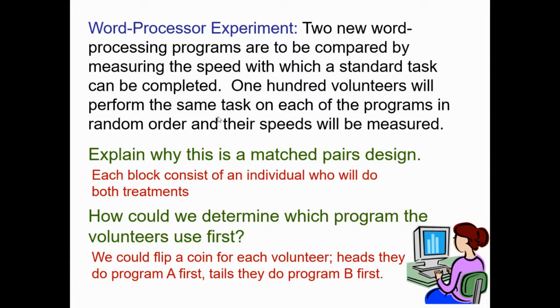Regardless of the type of experiment that you do, the only way that you can show cause and effect is with a well-designed, well-controlled experiment. It's going to be well-designed and well-controlled.